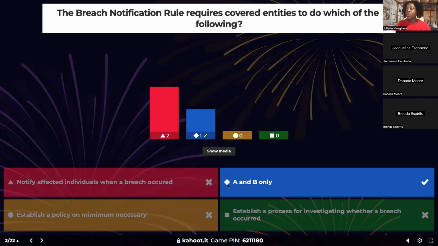And this rule also requires that there is some form of a process when it comes to the actual investigation of the breach. The policy on minimum necessary was not the answer there. If you're not sure about that, I promise you it's in your textbook, and make sure that you know that information about the breach notification rule.